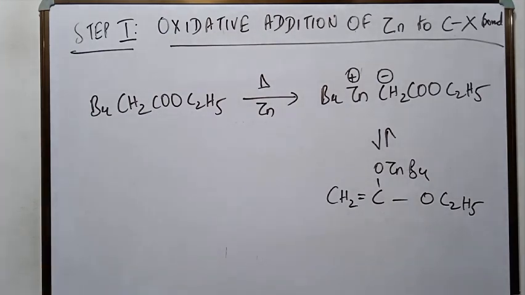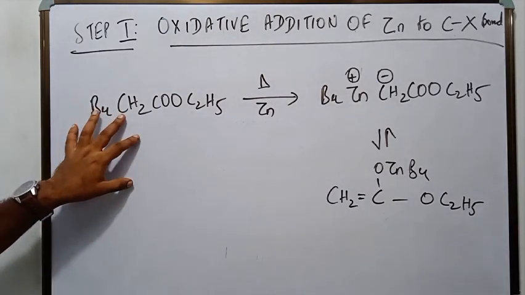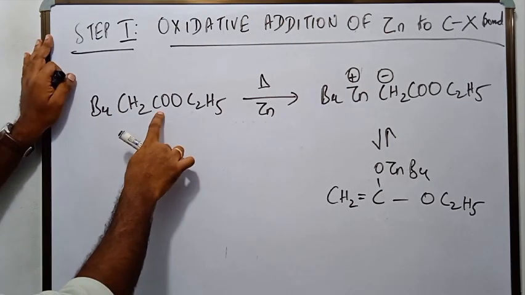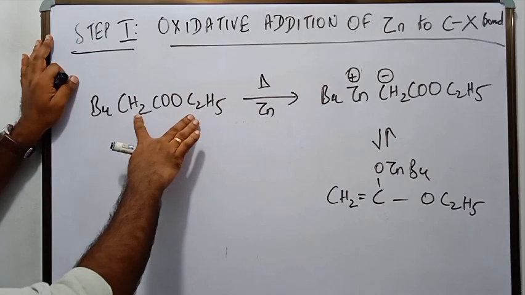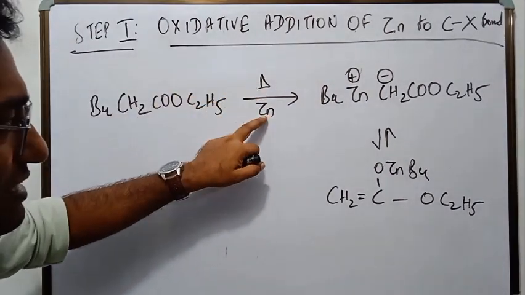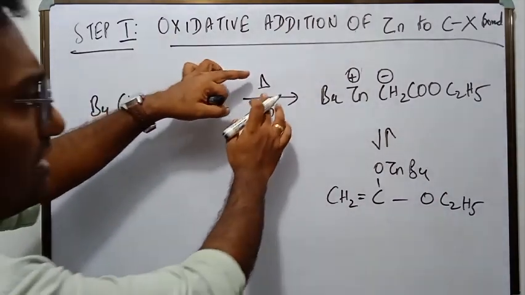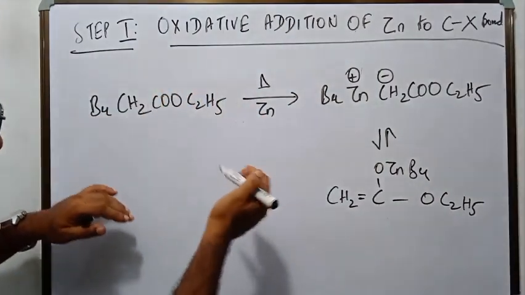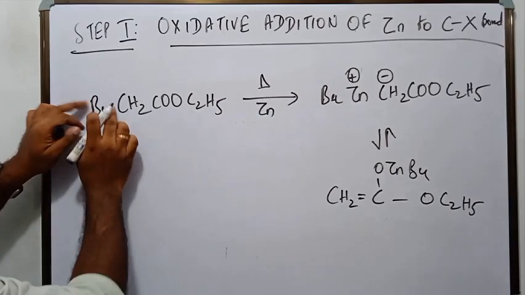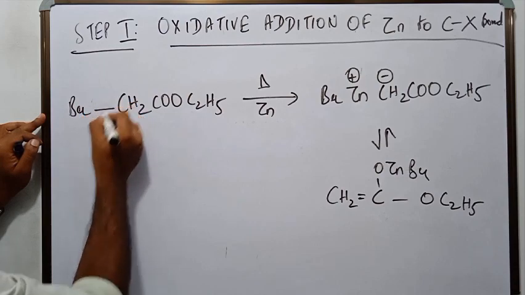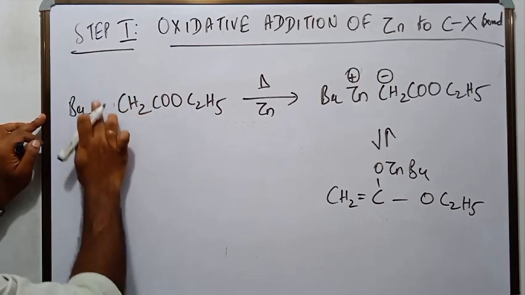So this is our alpha halogenated ester. This is the alpha carbon atom, and this is an ester, right? We are heating it with zinc. When we apply this heat, two things happen simultaneously. One, the Br and CH2 bond breaks.